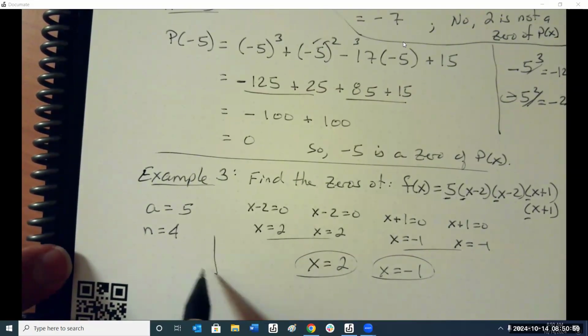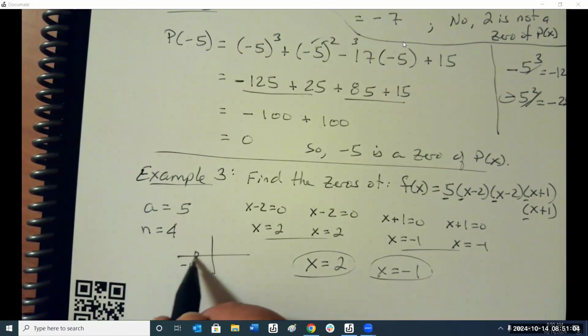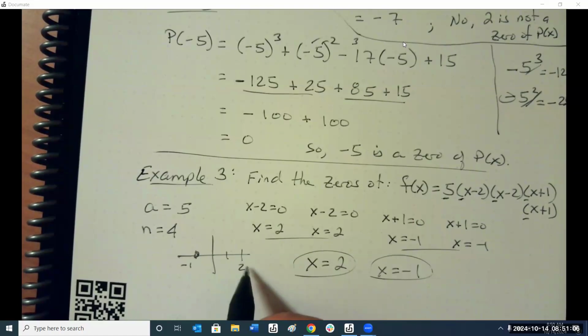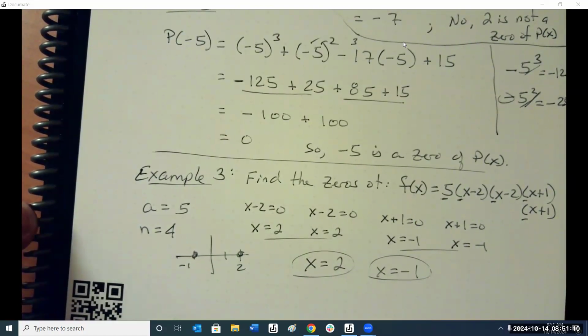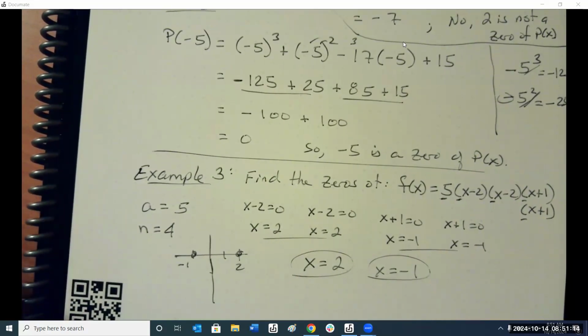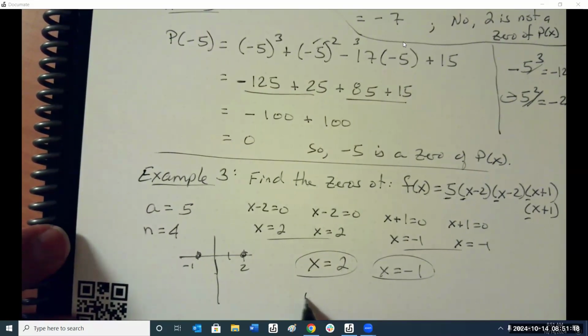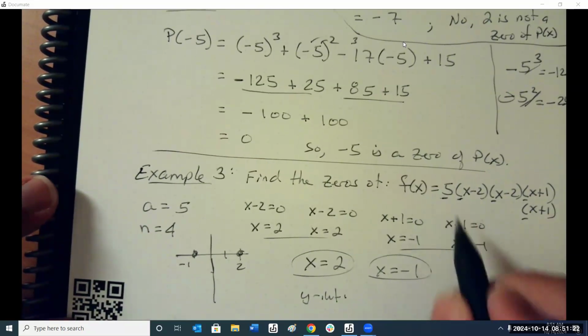So we know in our graph, at negative 1, we have an intercept. At 2, we have an intercept. Our y-intercept will be at the leading coefficient.